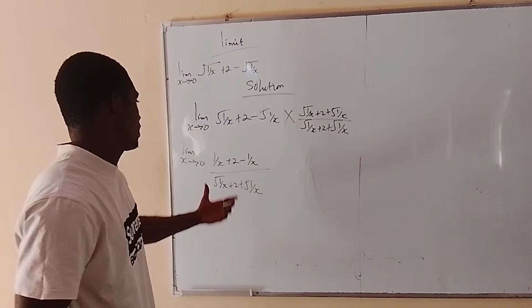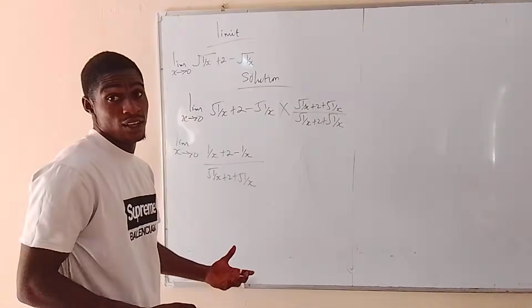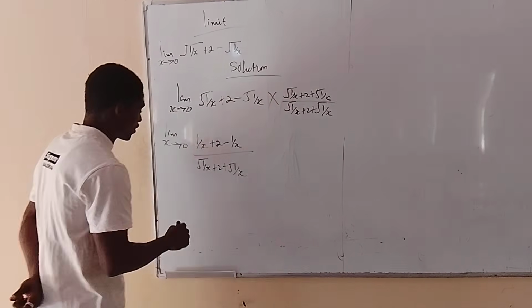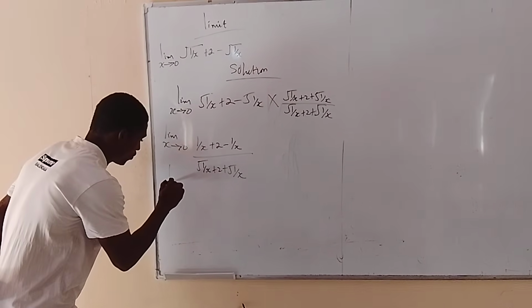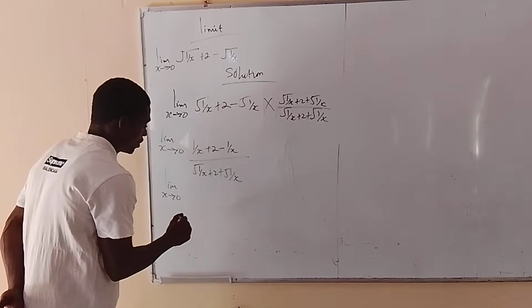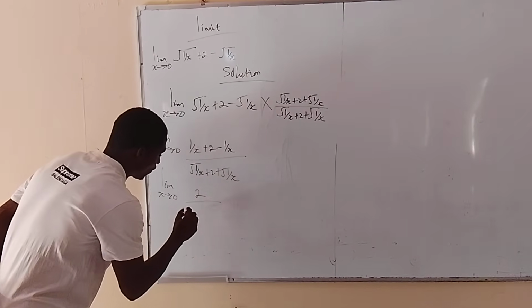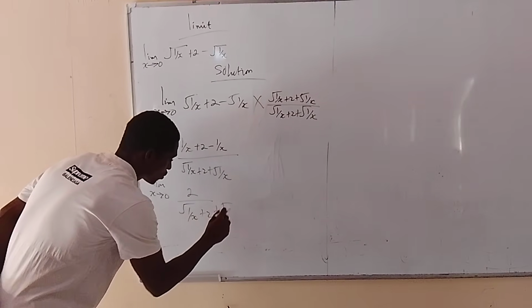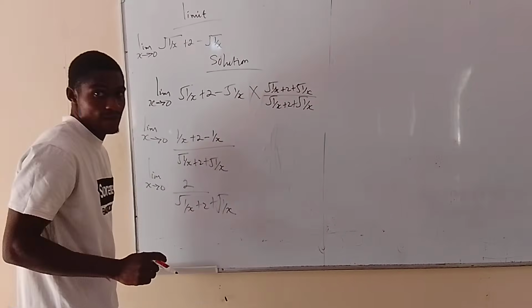So at this juncture, 1 over x is going to cancel 1 over x. So the expression will be the limit as x approaches 0, and this one cancels this one. We have 2 all over root (1 over x plus 2) plus root (1 over x).